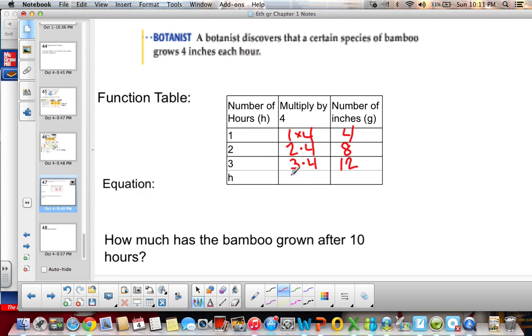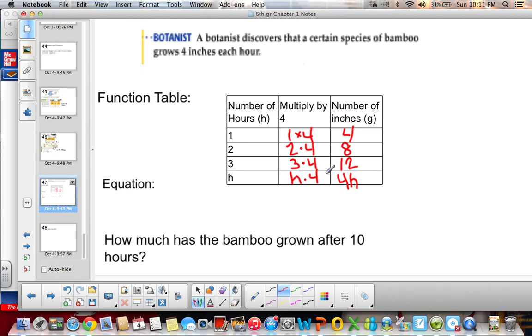Just because I don't have a number, I'm just going to use h, and it's going to be h times 4. To simplify this, instead of h times 4, we would just rewrite it as 4h. So we'd always put the number in front of the variable. And whenever there's a number next to a variable, remember that that means multiplication.